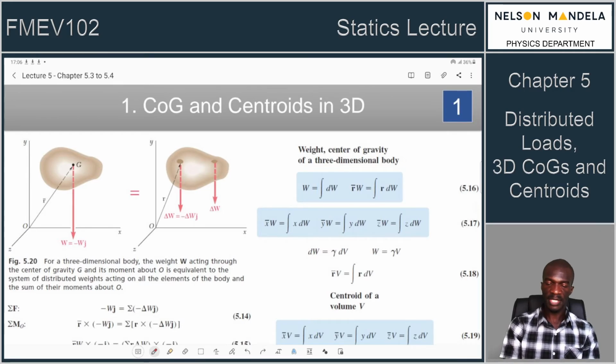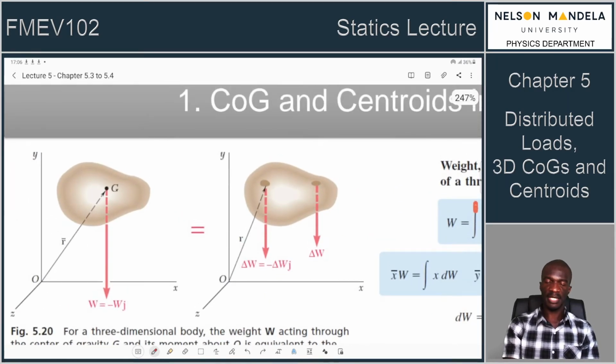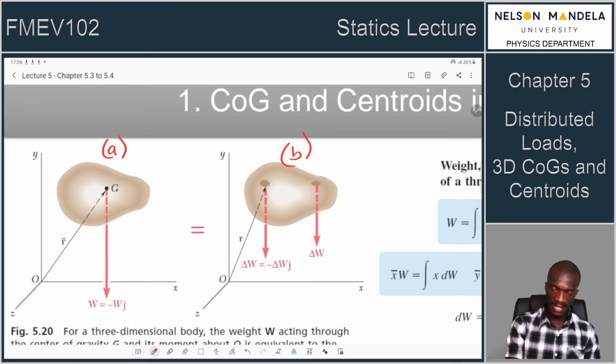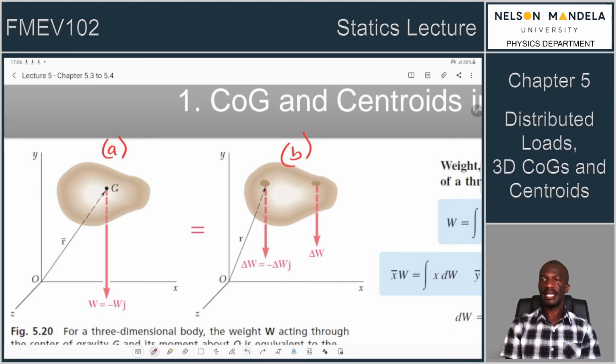So in 3 dimensions, we are given some rigid body. This rigid body is shown by that diagram 5.20. Let's call this part A. In part A of this figure, what we see is the centroid or the center of gravity of this rigid body located at some vector position R, in the XYZ plane.